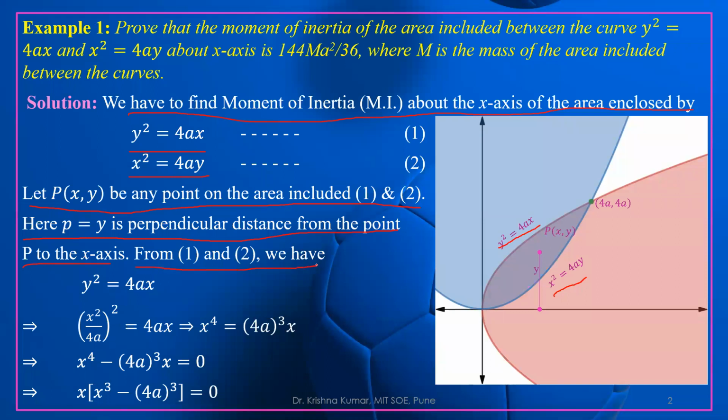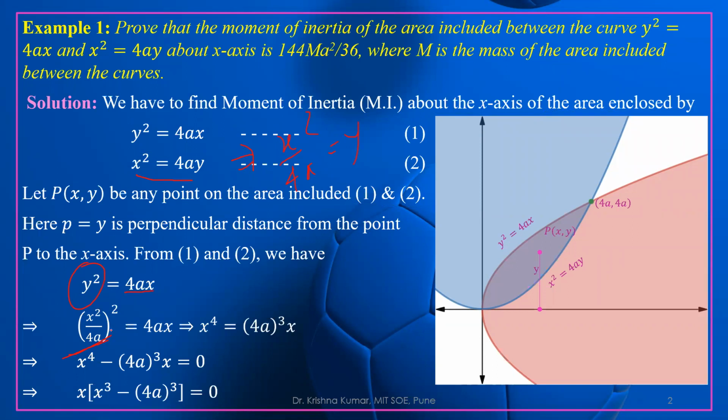From 1 and 2, we have y square equal to 4x. Let us put the value of y from the second equation, which is x square upon 4a. So it becomes x square upon 4a, whole square, equal to 4x.